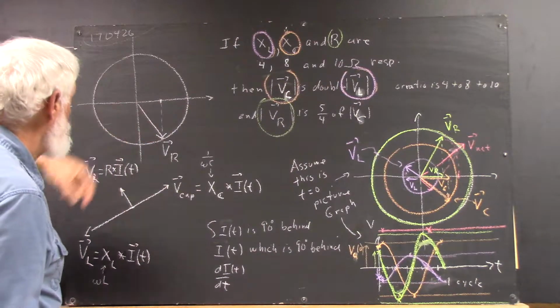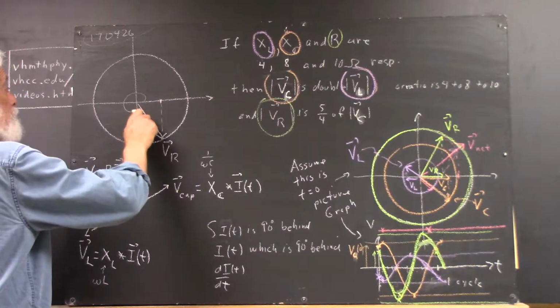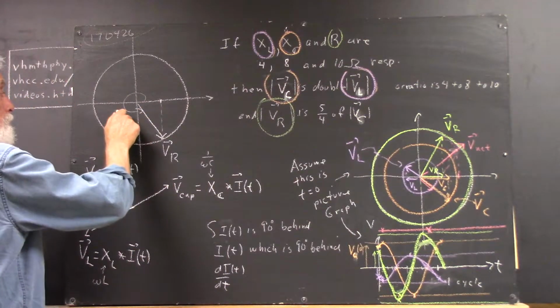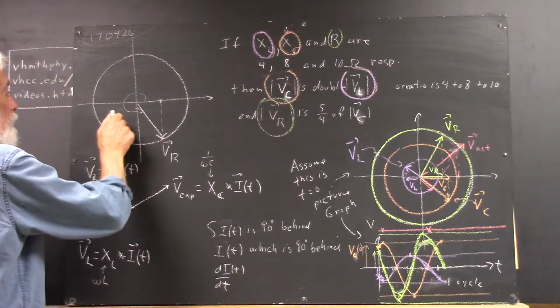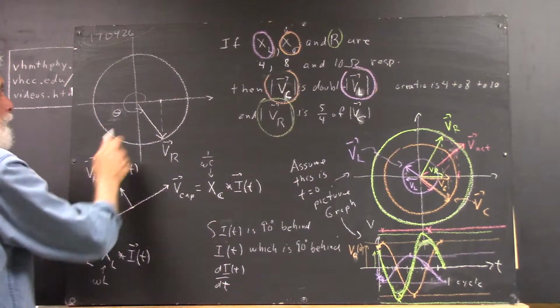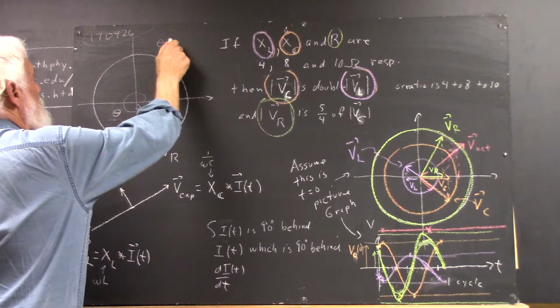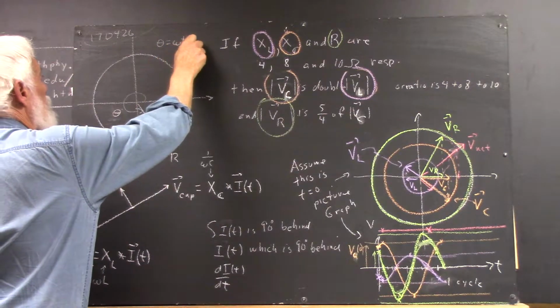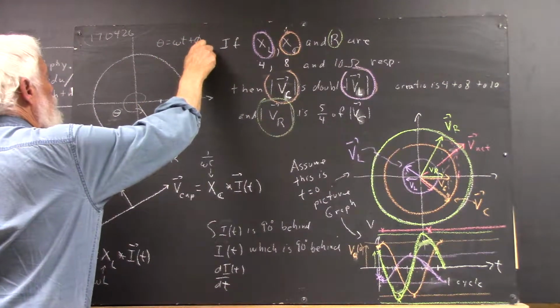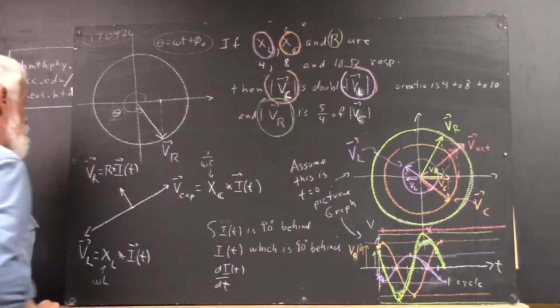So we measure our angle theta, where theta is omega t plus some initial angle that we might call phi naught.